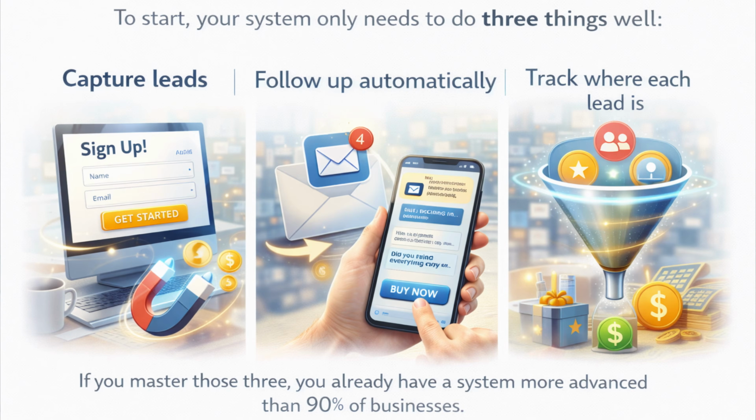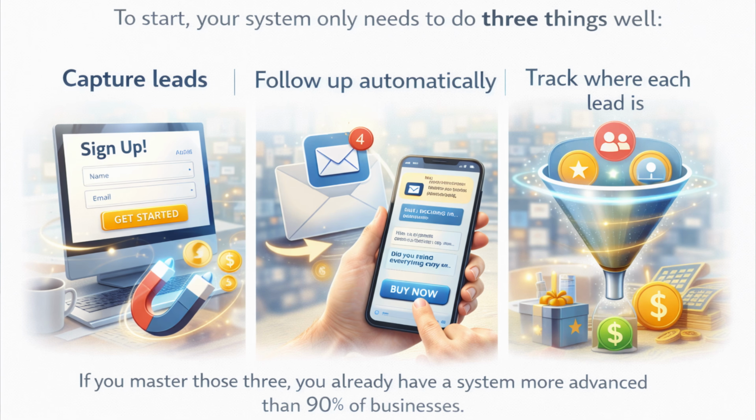Minimum viable automation: you do not need 50 workflows, complex branching logic, or an advanced AI agent to start. To start, your system only needs to do these three things very well. Number one is capture leads, number two follow up automatically, and number three track where they are. If you master those three, you already have a system more advanced than 90% of businesses.